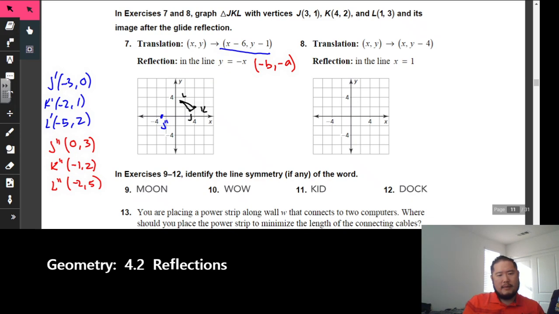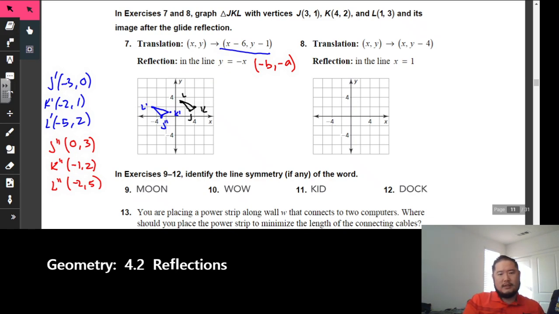Let's see if we get that at the right spot. There we go. There's K prime. And then we have negative 5, positive 2 up here. And there's L prime. So there's our translation.